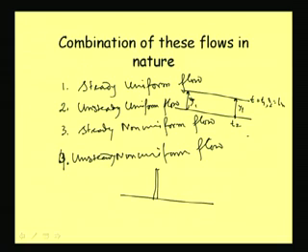Suppose this is a dam, and somehow it has breached. Earlier the water level was like this, and then when it is failing, water is moving like this. So at time t1 the water level is like this.